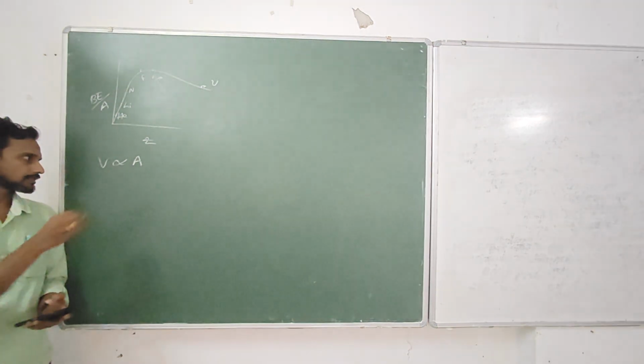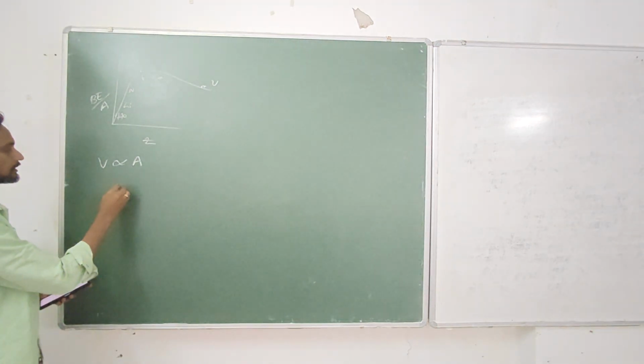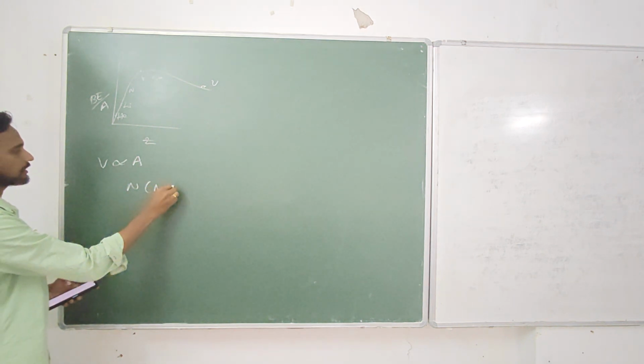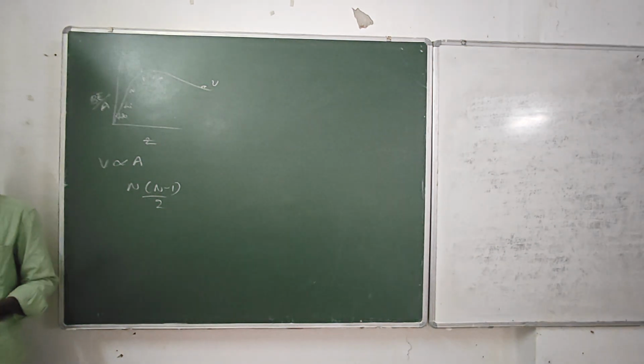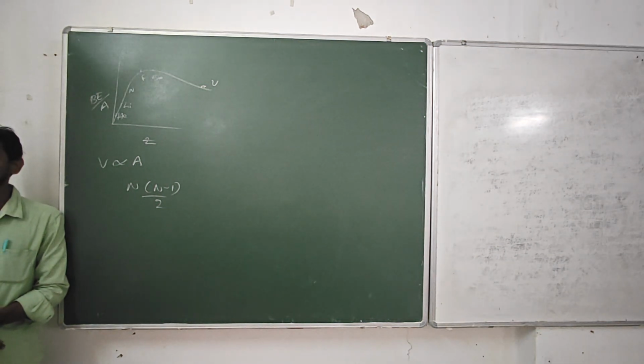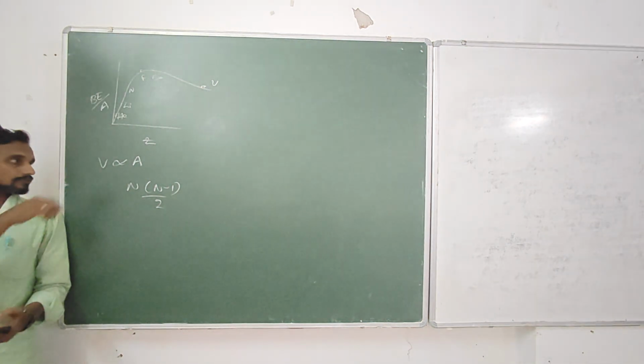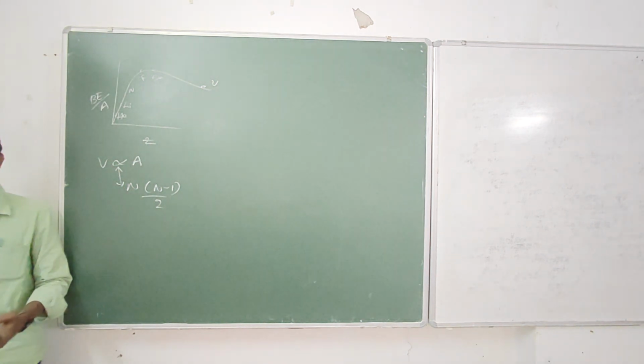But as of now what we are discussing is the number of interactions will be n into n minus 1 by 2. Number of new interactions. So only look conflicting.